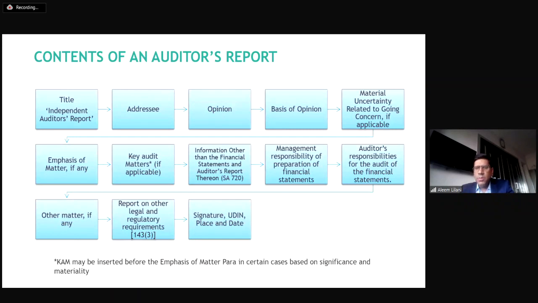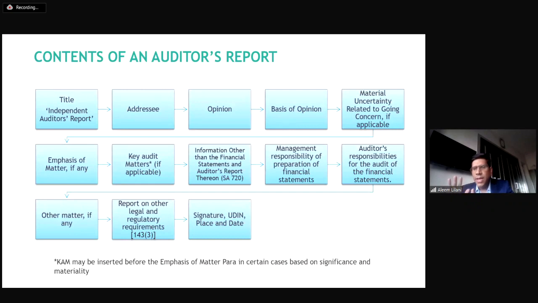Then comes the management responsibility part, which is a very clearly laid down para on what is the responsibility of the management with regard to maintenance of books, internal control, going concern, specifically brought out. These paras are standardized by SA 700, not to be tampered with, not to be changed.